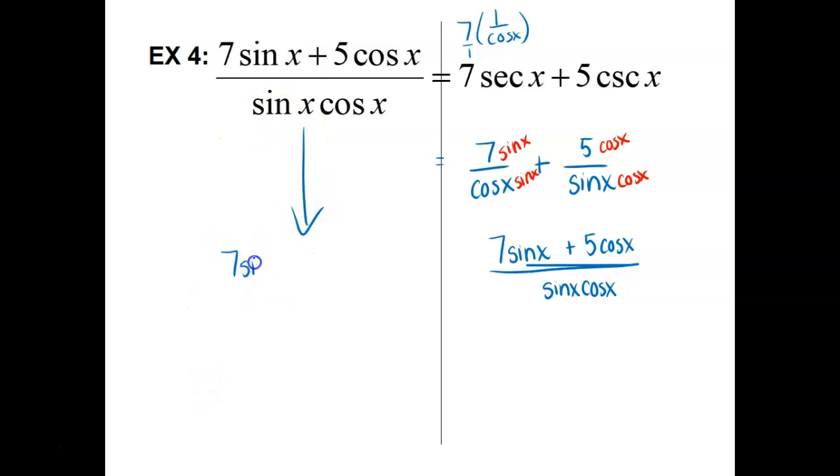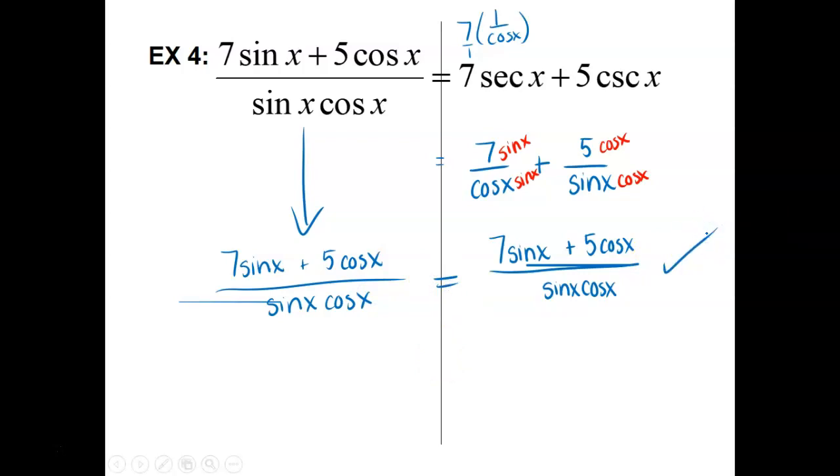So you really didn't even simplify on this one. You've made it look worse. But it does not matter. You are proving that the two sides equal each other. So that is correct. Okay, I think that one's easier than the last one, even though it looks scarier than the last one.